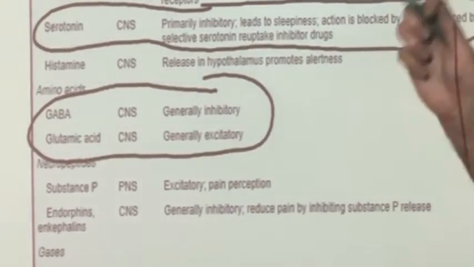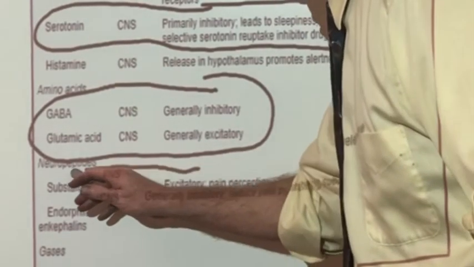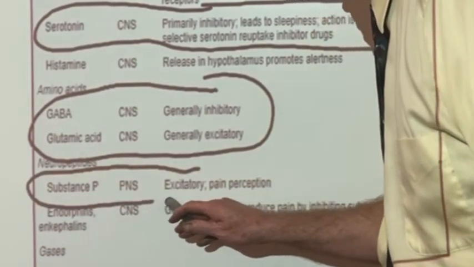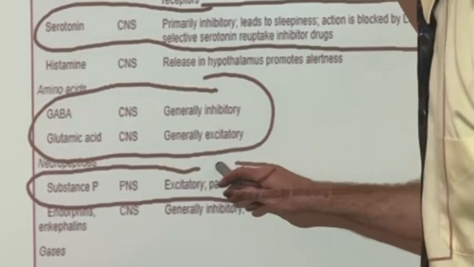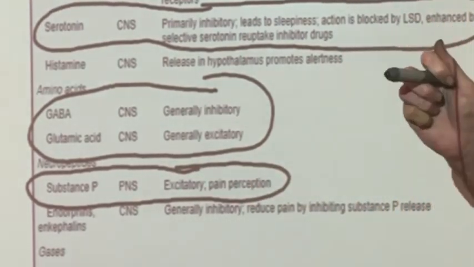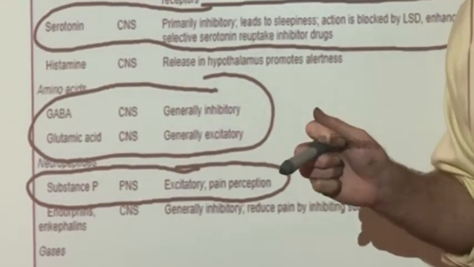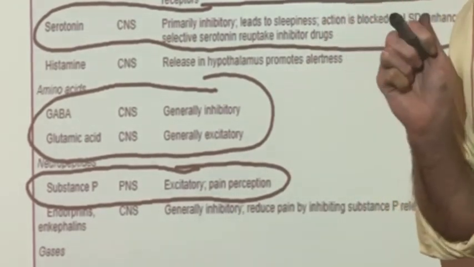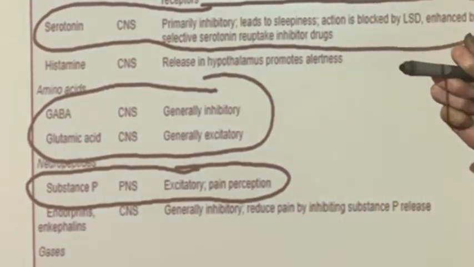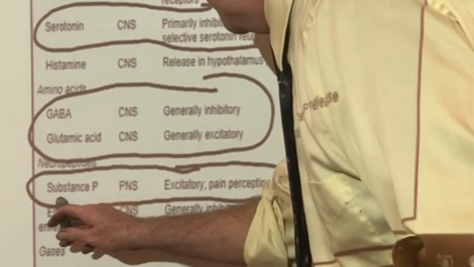I want you to get substance P. So that's excitatory, and that's pain perception. Substance P. Excitatory and pain perception. Endorphins and enkephalins.